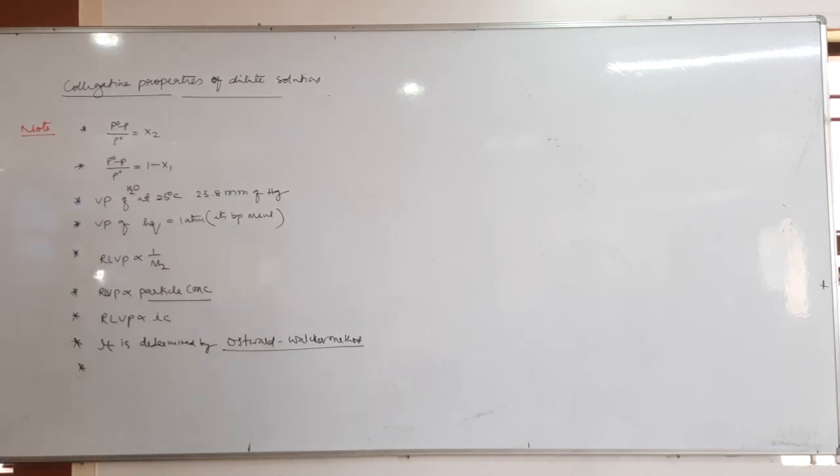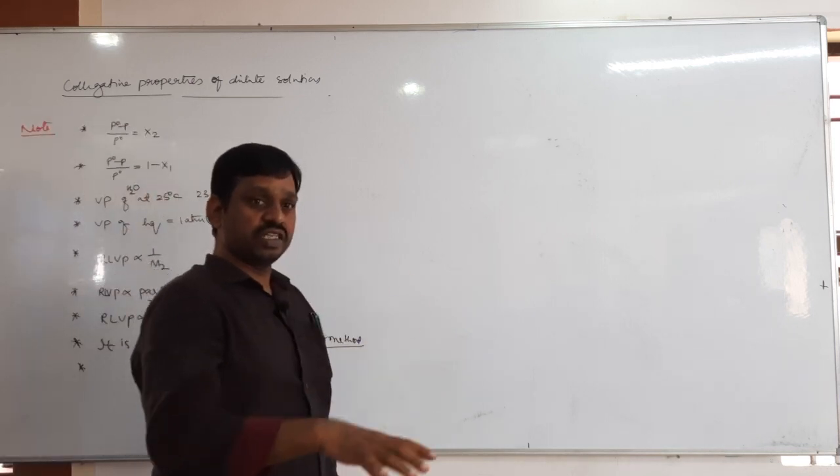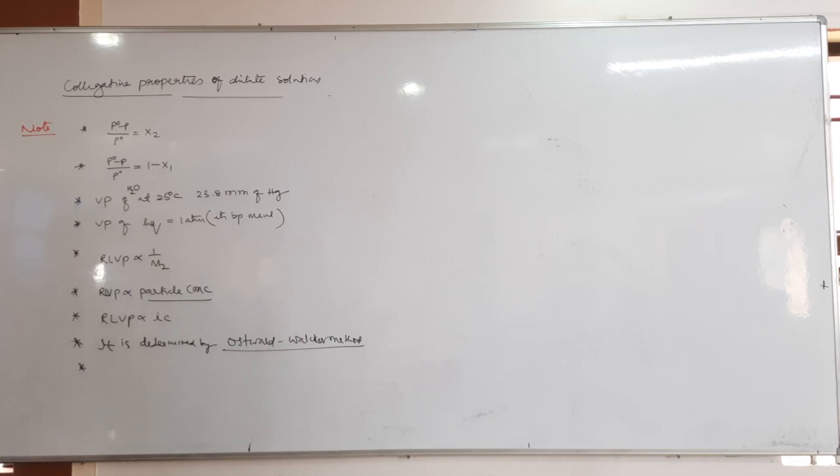Now suppose in a question they give that the vapor pressure of the solution is decreased by 25% or 30%, 50%. What is the meaning of the vapor pressure of the solution decreasing by 25%? How to take P and P naught and all.